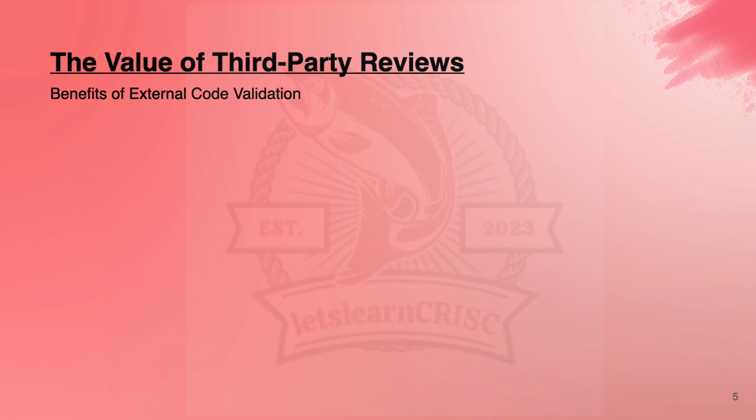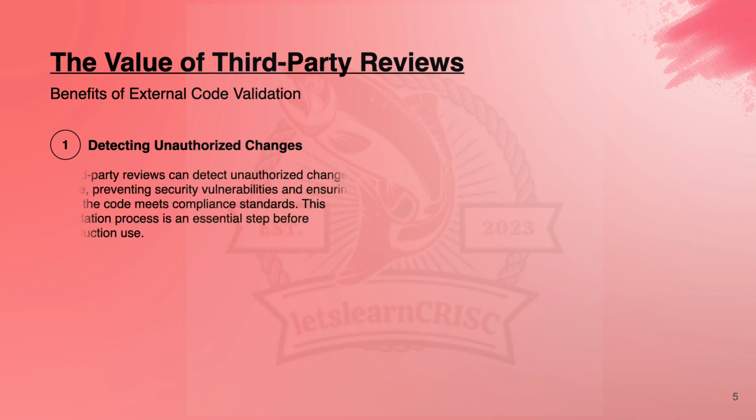Next, we'll discuss the value of the third party review, that is, the benefit of external code validation. First is detecting unauthorized changes. Friends, in software development, a third party review involves having an external entity, not directly involved in the development process, examine the code.